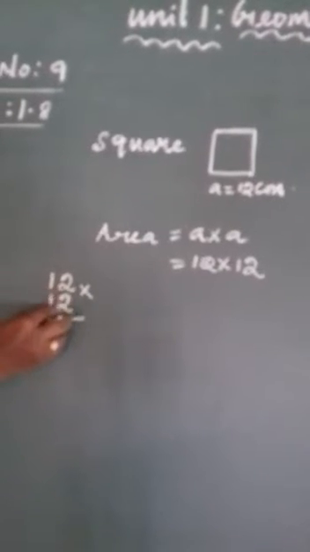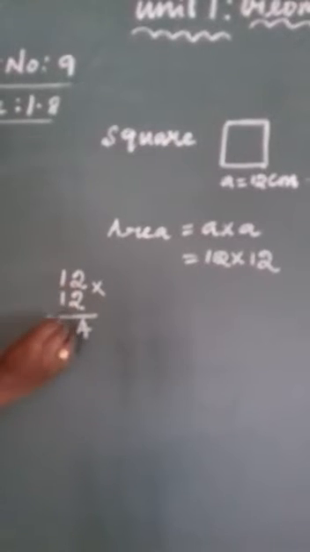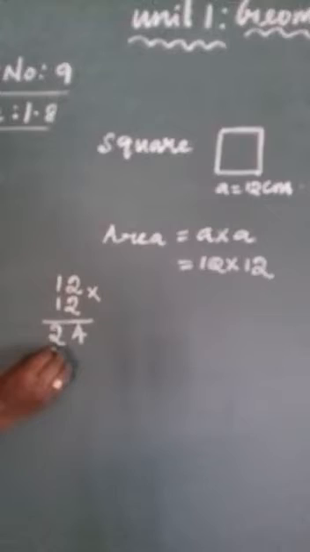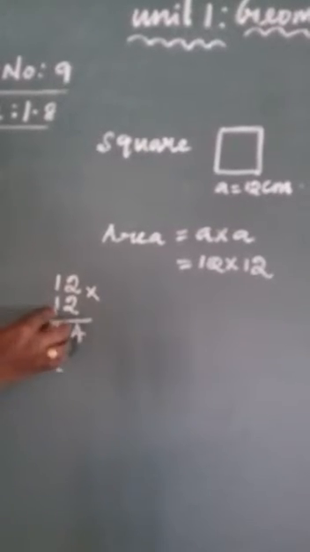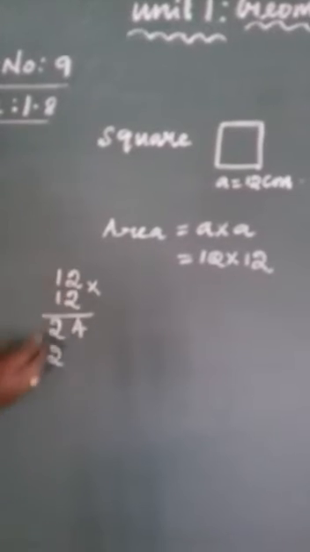First you can multiply these two numbers. 2 2s are 4. 2 1 is 2. Then 1 2 is 2, here in the tens place. So you can write the answer in the tens place. 1 1 is 1.